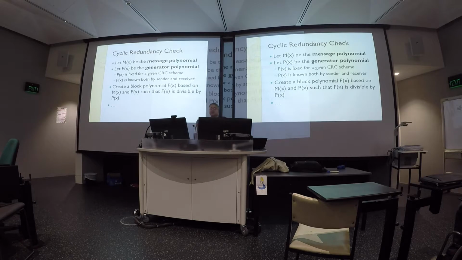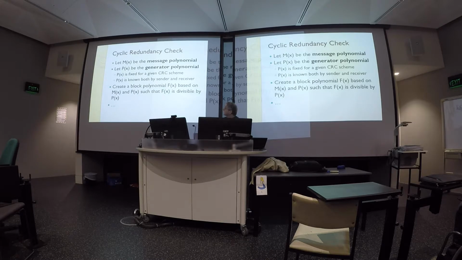So as long as the computer at the other end knows which CRC scheme you're using, then it can determine the polynomial. And then what you do to actually use it is create a block polynomial, a new one called F(x), which is based on both the message polynomial and the CRC generator polynomial, such that F(x) is divisible by P(x).